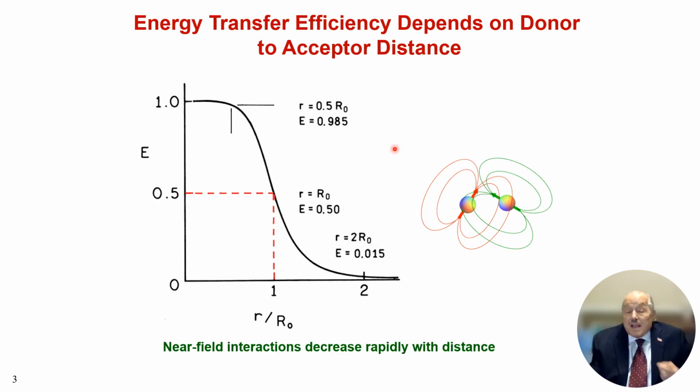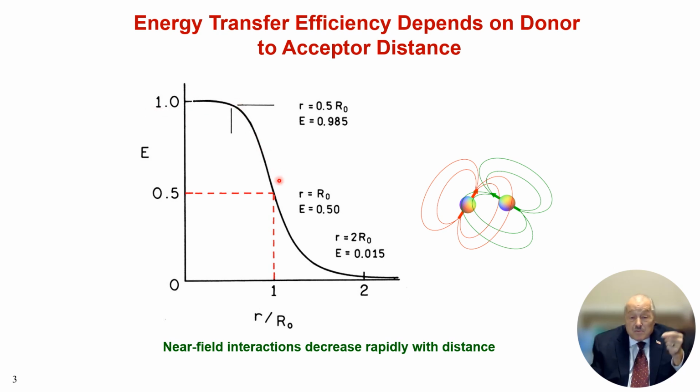What is one of the characteristics of FRET? It has a distance dependence that is very well described and has been proven in many experiments. The efficiency of energy transfer, that is the fraction of the energy that goes from the donor to the acceptor, decreases with the power of 1/6 of the distance.